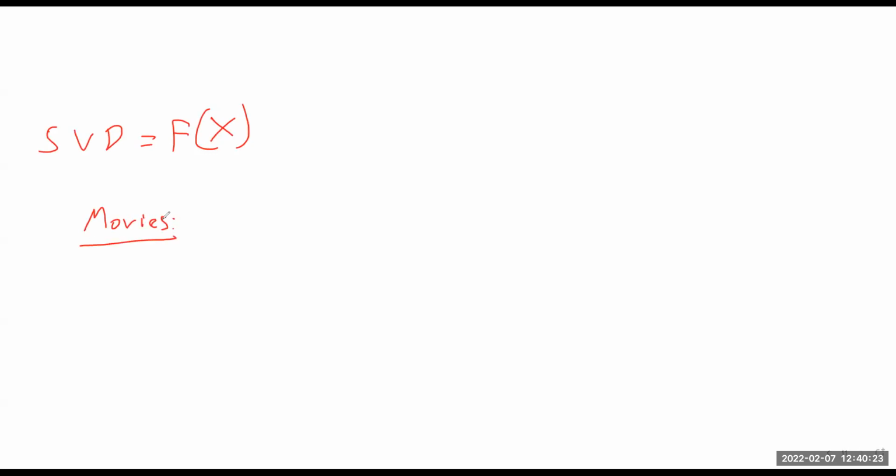So I've taken 100,000 ratings, I think, of about 7,000 movies and 600 users. So that will be the data set that we will play with. Obviously this is smaller, because I'm going to do this by hand.